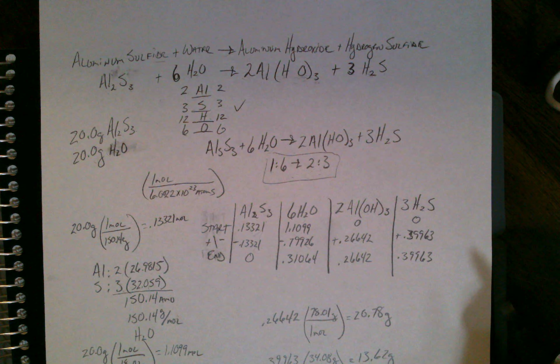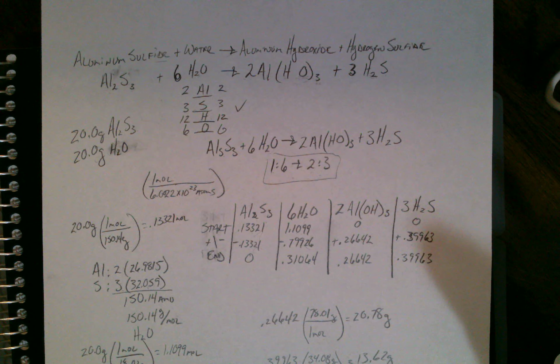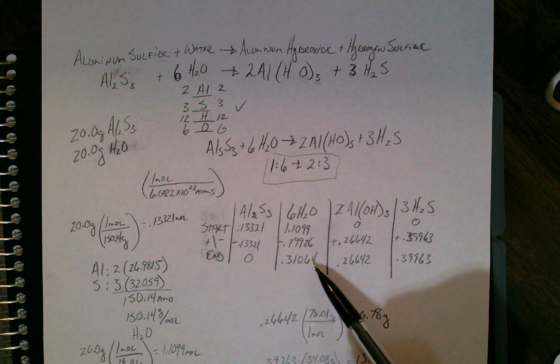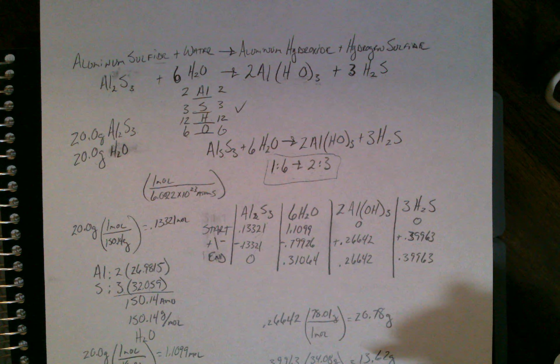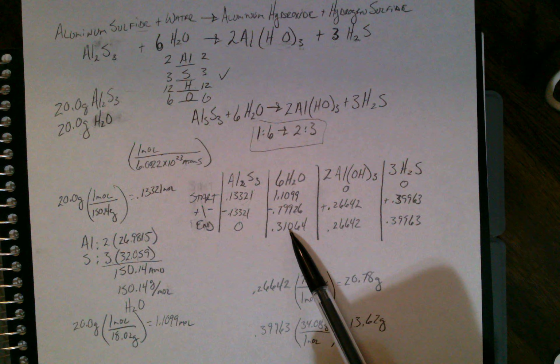So now we know exactly how much we've produced. You could also figure out exactly how much waste water you have left over. It is the exact same conversion. You just do it that way, and you can figure out exactly what this number is equivalent to.